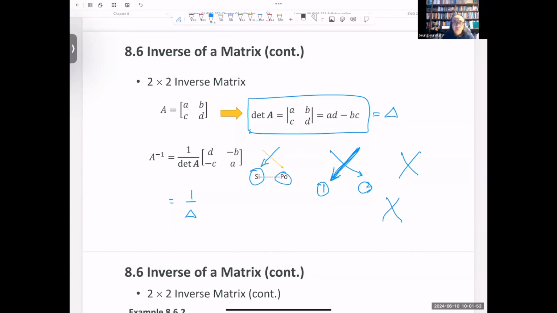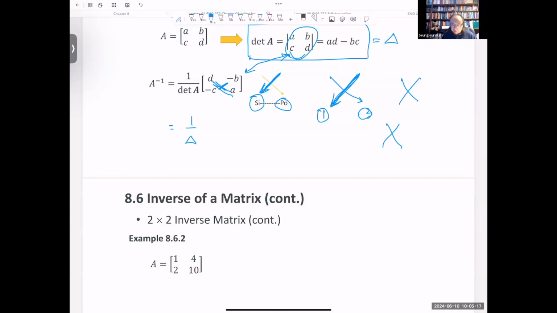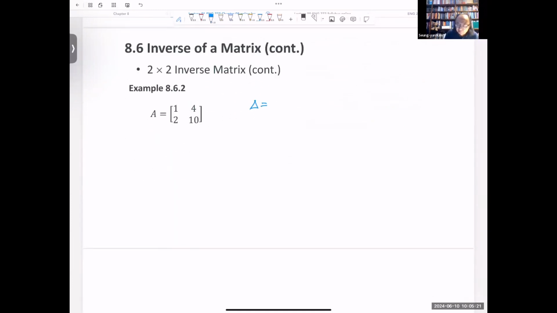SIPO means sign change, compared with the determinant: you switch the sign for this diagonal, and then switch the position for this diagonal. That's why I say SIPO. Let's work on it. Let's find the delta: AD minus BC, that is 10 minus 8, which is 2.